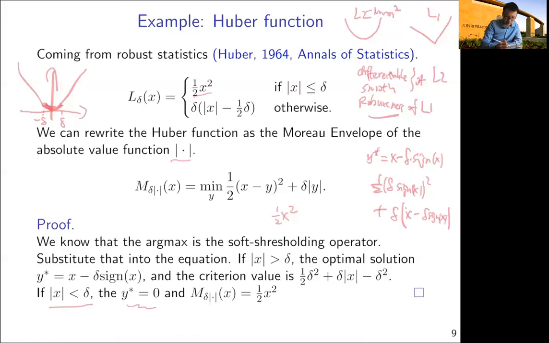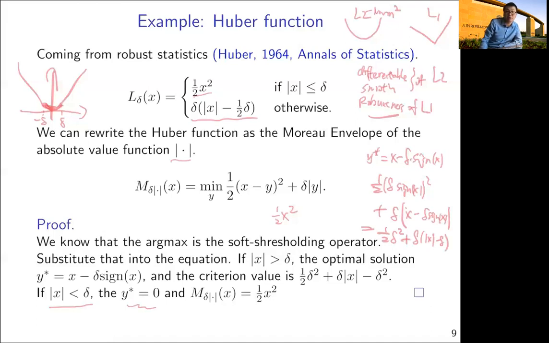So the first term, since the sign is always minus 1 or 1, is half delta squared, and the second term, since x is outside the minus delta to delta region, moving it closer to 0 will reduce the magnitude of it. So that gives us delta times absolute value of x minus delta. Let's collect everything together. You will see that you end up getting this quantity that's stated in the second leg.